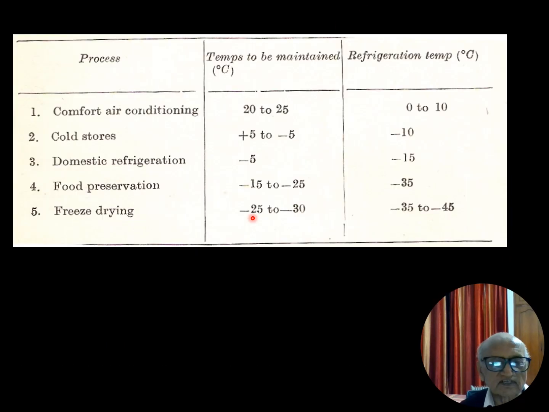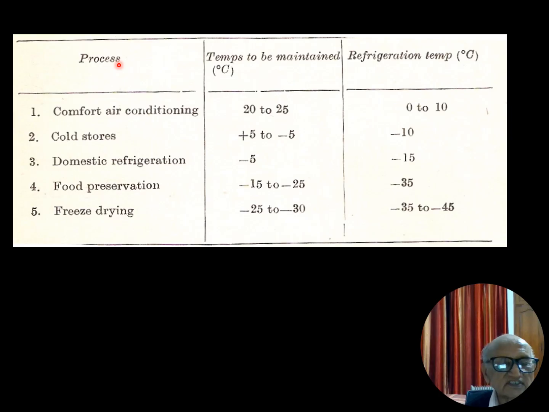Friends, this table describes the temperature to be maintained in the room or enclosed space, and the third column gives the refrigeration temperature to be maintained.